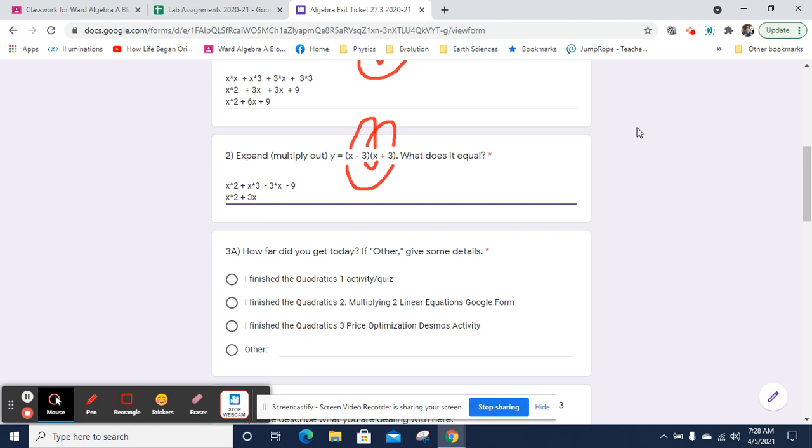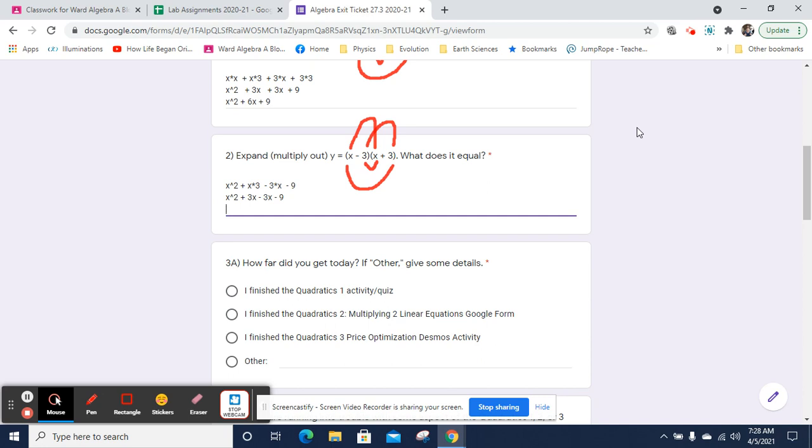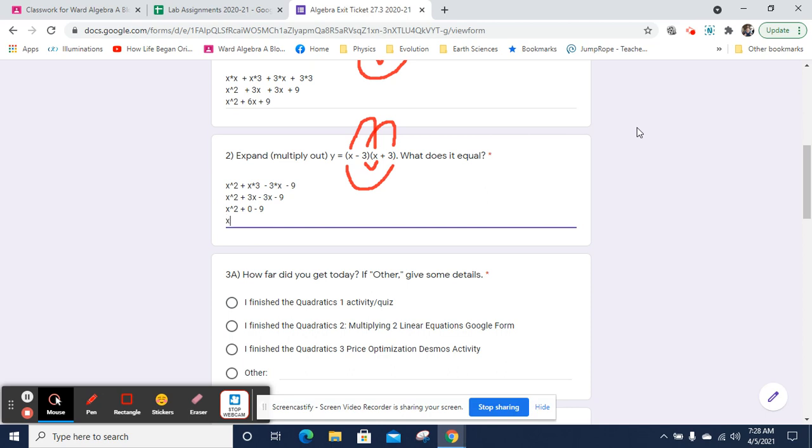By convention, we put the number first, minus 3x minus 9. So you might notice in the middle, we got a 3x minus 3x. That's just a whole lot of nothing. So we're going to end up with a 0 there. So x squared plus 0 minus 9. Oh, that's supposed to be a minus. And then that ends up being just x squared minus 9.